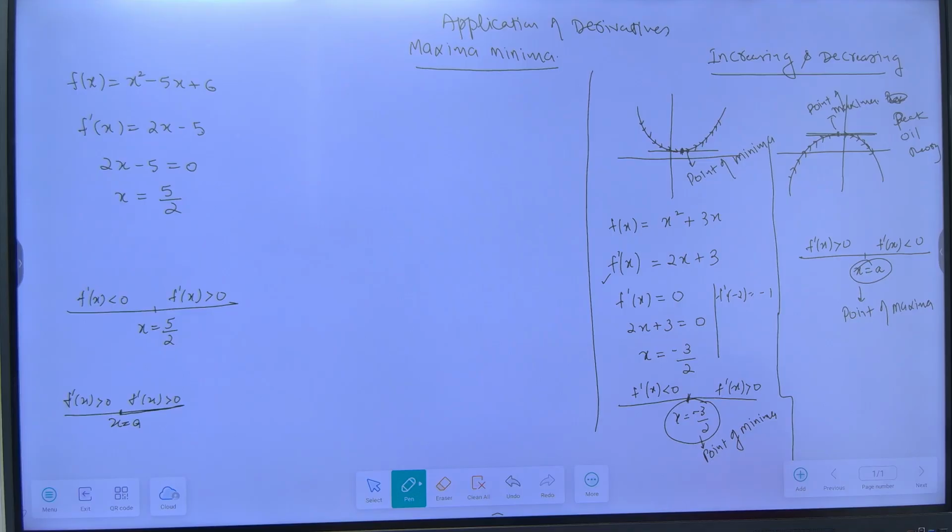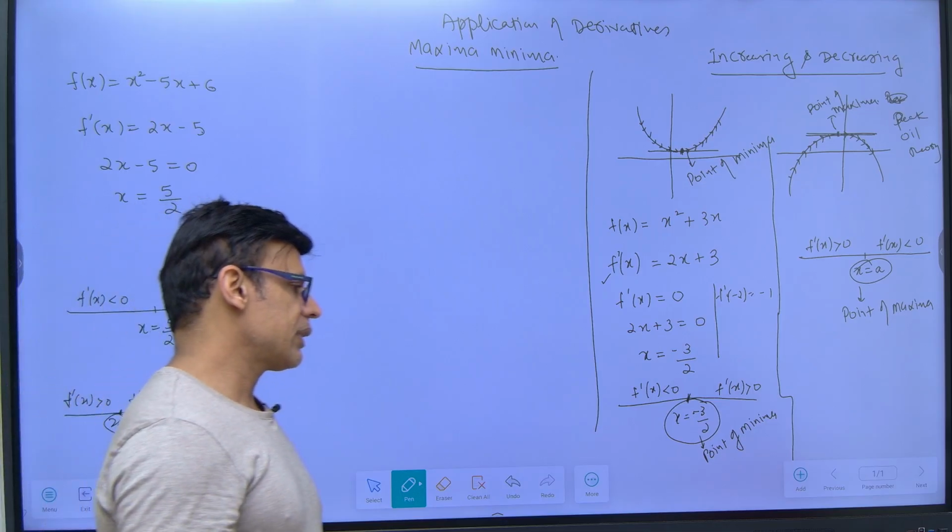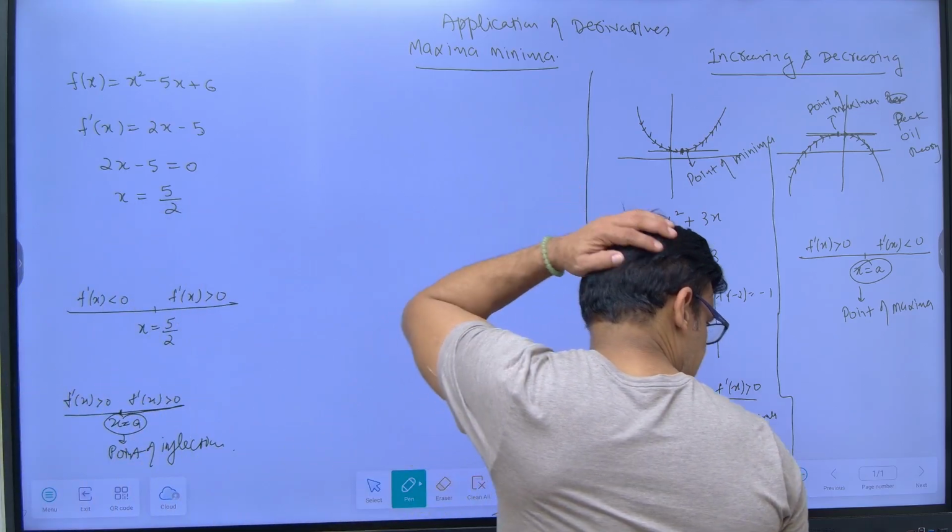Not changing it. So then this is called point of inflection. Inflection, right? That means it will follow a path, but definitely no maxima or minima exist in such cases, right?